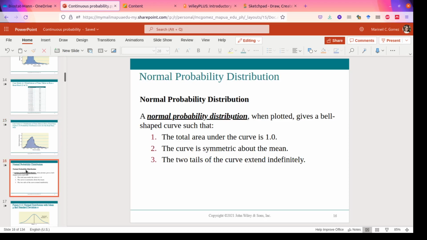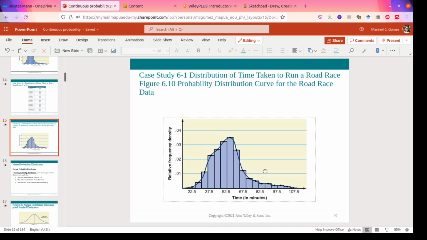The normal probability distribution applies to cases where the population distribution is the total number of outcomes, not of a single experiment, but of the whole population.